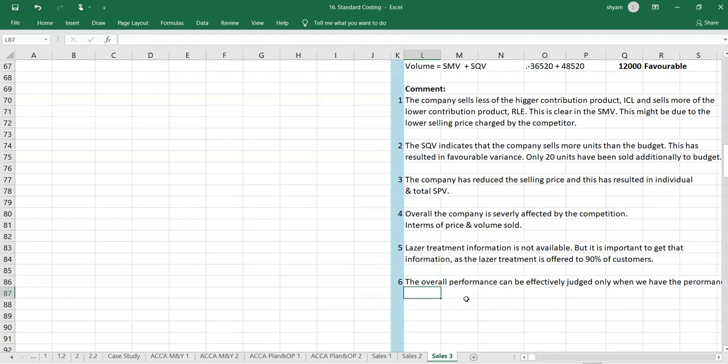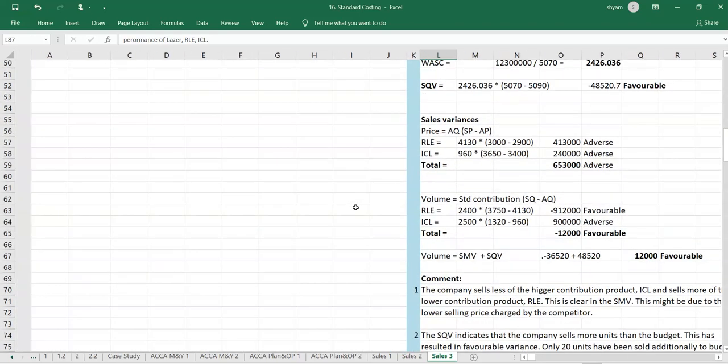I think we'll end it there. Unless we have this information, we cannot analyze the performance. So that's where we have to end it.